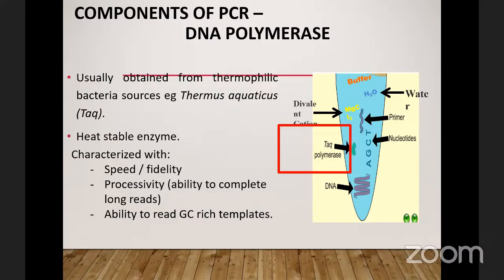You can see some of the properties on the screen. It has speed. It is a heat stable enzyme. It has speed and fidelity. The processivity, it has the ability to complete long reads and the ability to read GC-rich templates. Next slide, please.